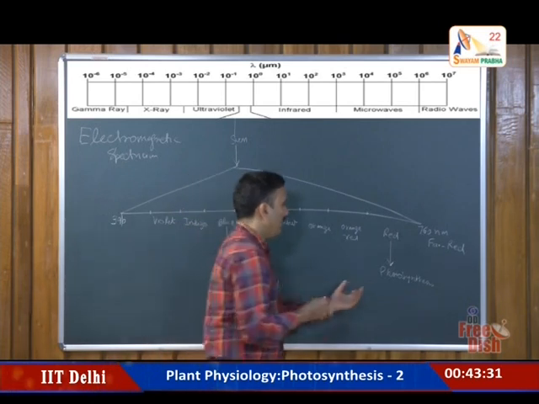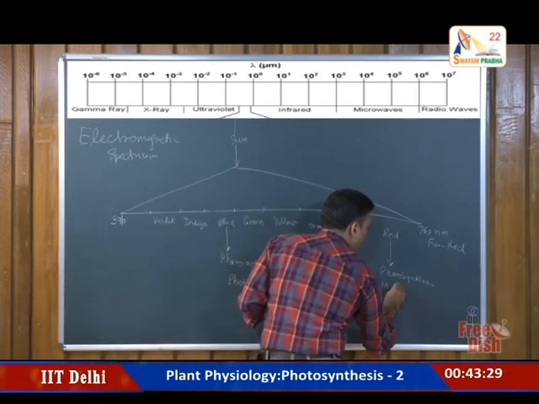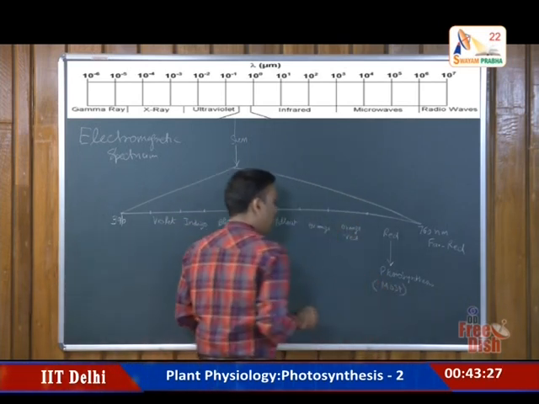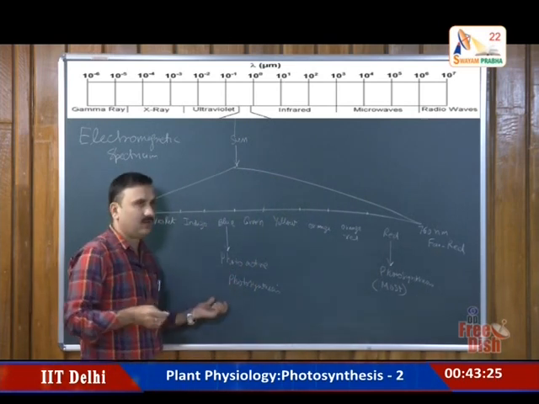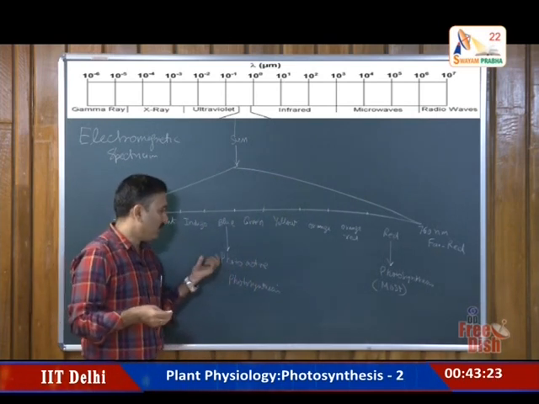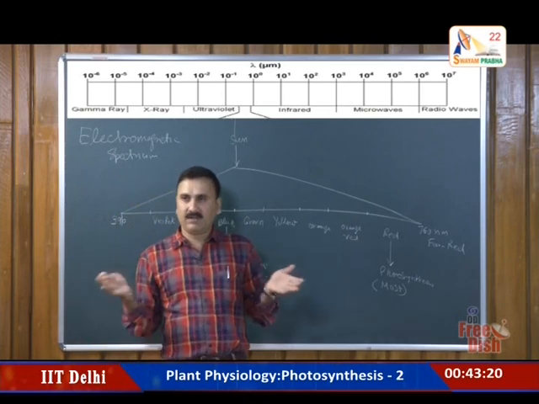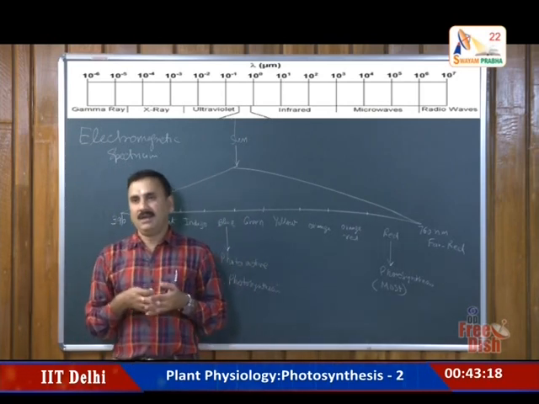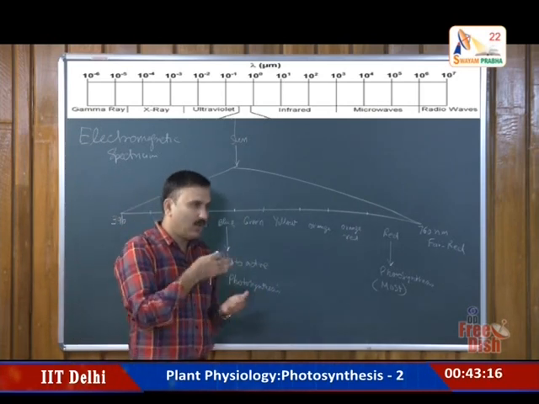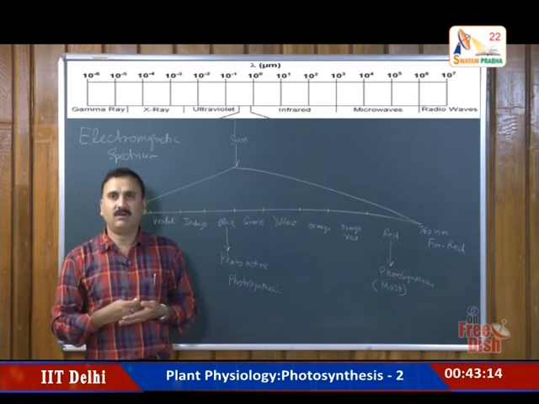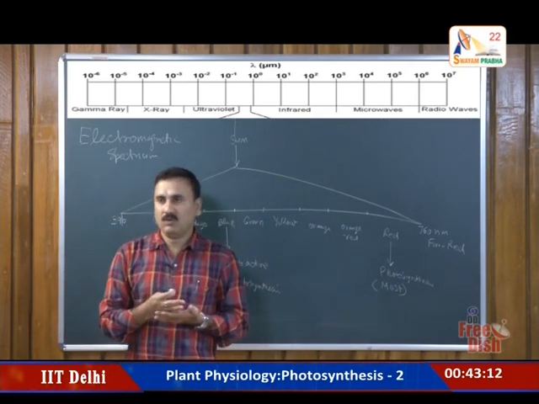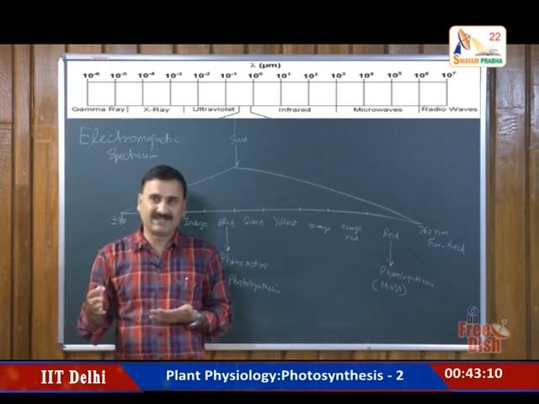So, it is the most efficient in terms of the photosynthesis, whereas in the case of blue light it is the most active, but as far as the efficiency is concerned, it is least efficient, because a lot of energy which is associated with the blue light is going into the waste.